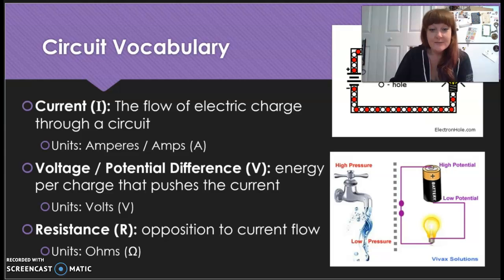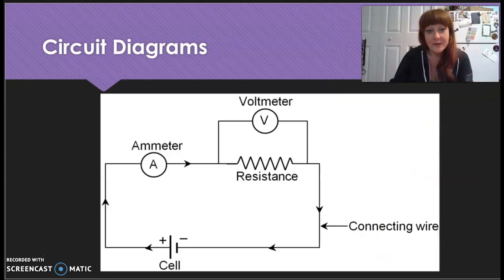So if we take all of these things and look at them in our actual circuit diagram, we've talked about the current. So what thing in this diagram represents the current? Well, that would be these arrows that are going around that loop, starting at the positive terminal of the cell or the battery and going around through the resistor and then back to the negative terminal.